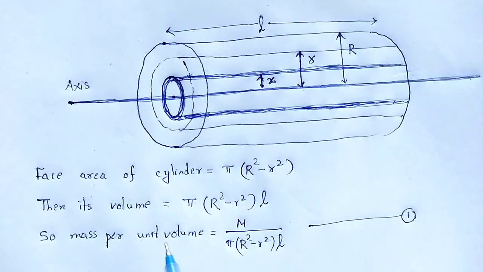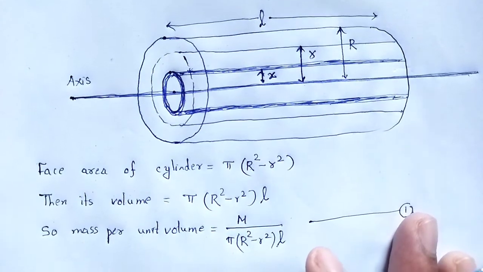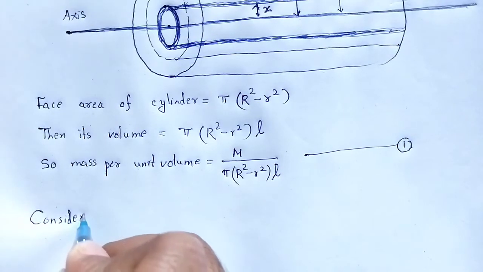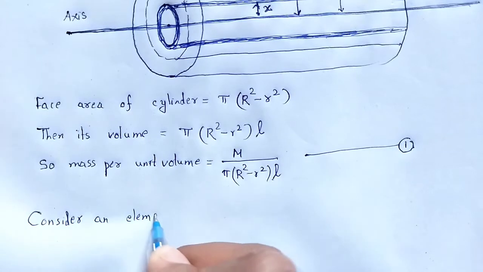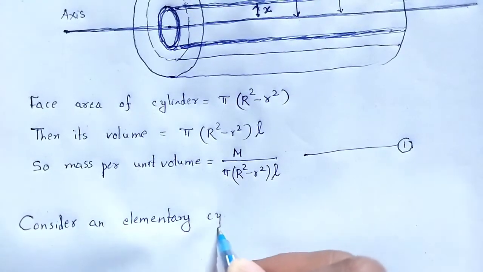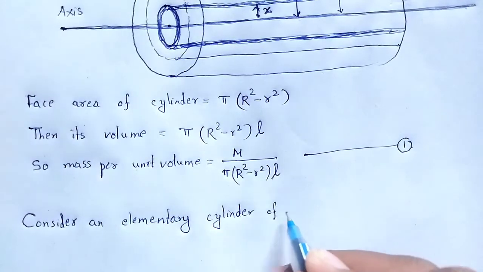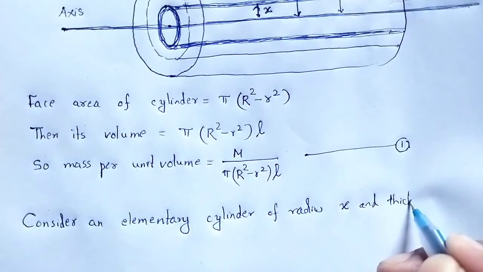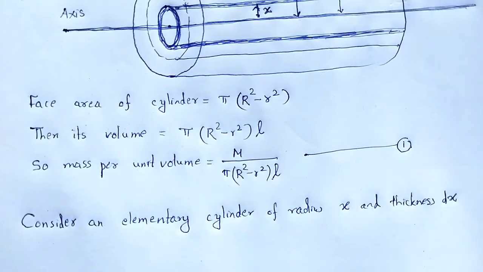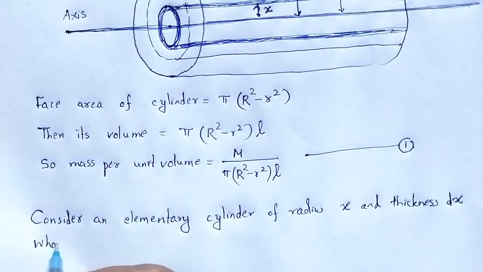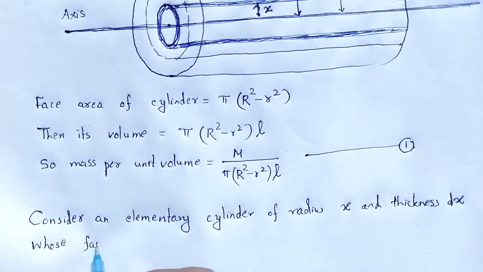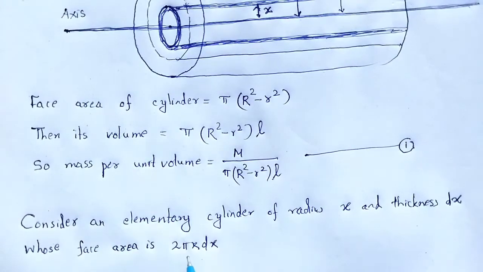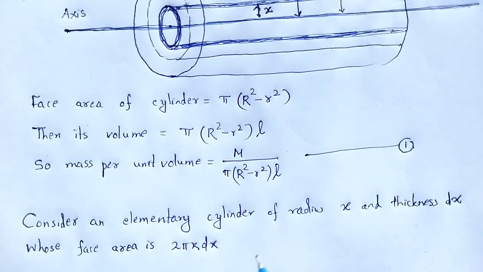Since we found the mass per unit volume, we can consider an elementary cylinder of radius x and thickness dx, whose face area is 2 pi x dx, that is the circumference into its thickness.